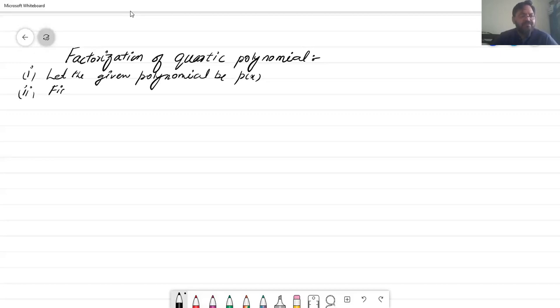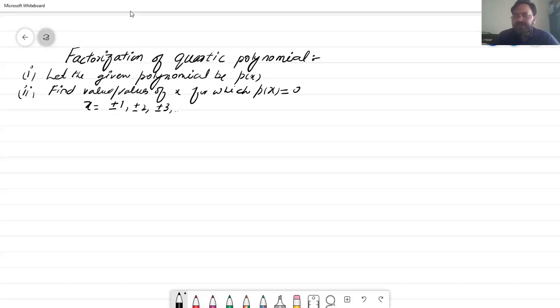Find the value or values of x for which this polynomial becomes 0, and you have to select the values usually from plus minus 1, plus minus 2, or plus minus 3. In 99% of cases the factors will be given in the exams, but in just 1% of cases, sometimes you have to find the factor by yourself.